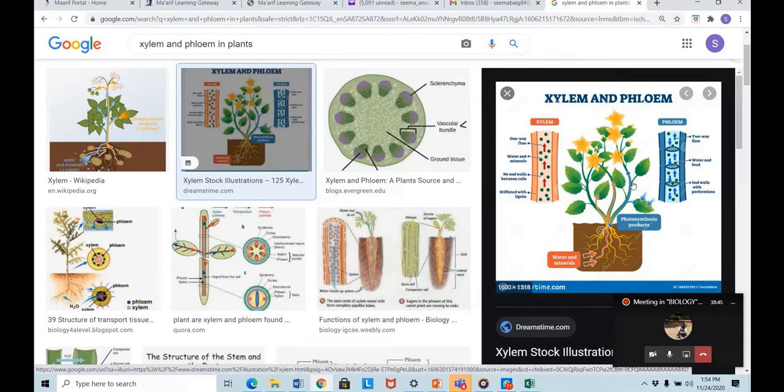They are present in the entire plant like this, like the veins run in our body. Similarly, these tissues run along the entire plant body. Is phloem mentioned in the book?